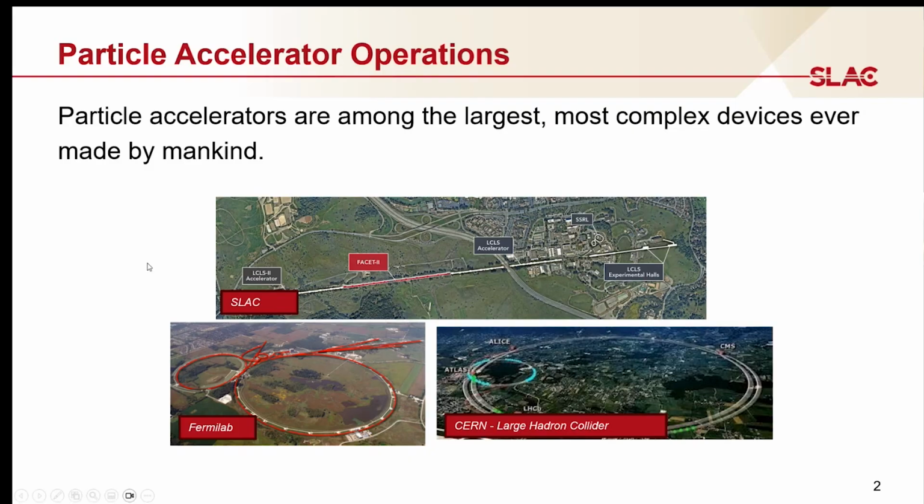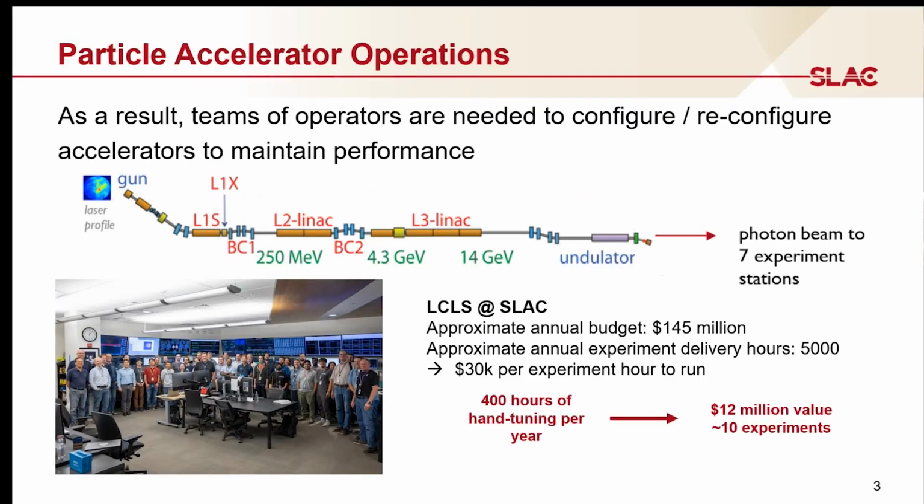When we talk about using these facilities for scientific research, we need to consider that this complexity requires a massive team of human operators and specialized physicists to get these machines up and running and to maintain their performance over time such that they can be used for experimental science.